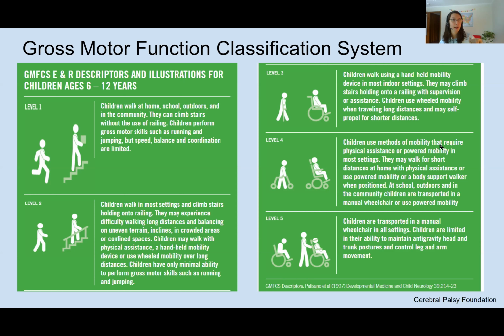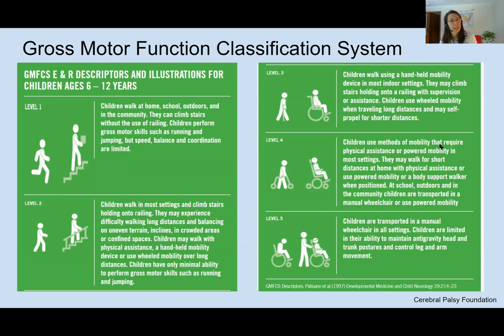I think perhaps when I was a kid, I must have fallen somewhere between levels 1 and 2, because I would have to use, and still do use, a railing for balance, but I have not ever experienced difficulty walking long distances. But the balancing on uneven terrain does seem a little familiar, from hiking or trail work that I've done.